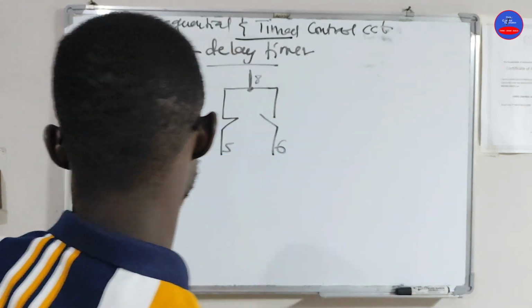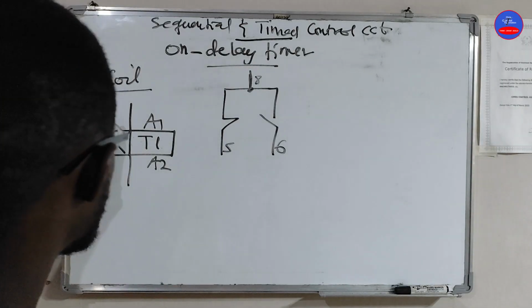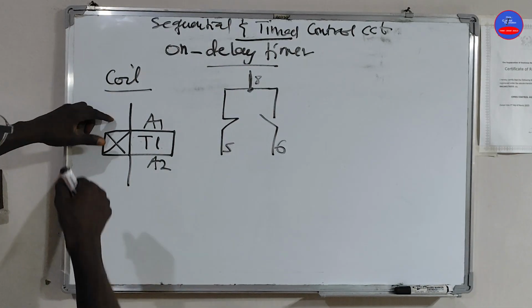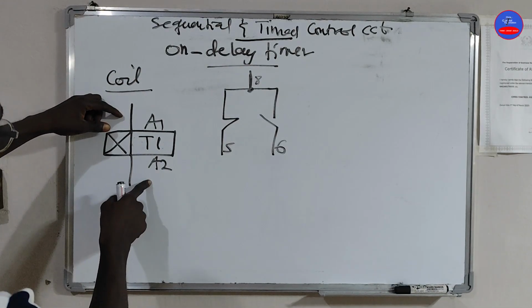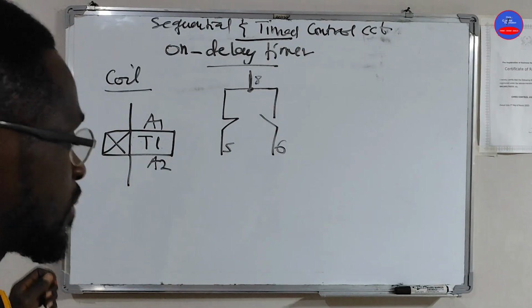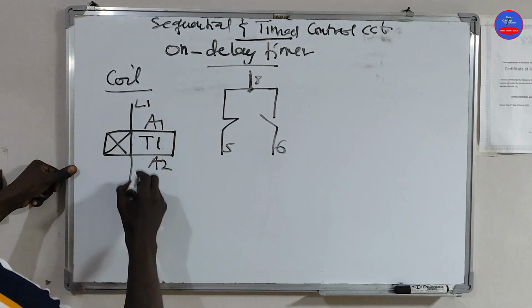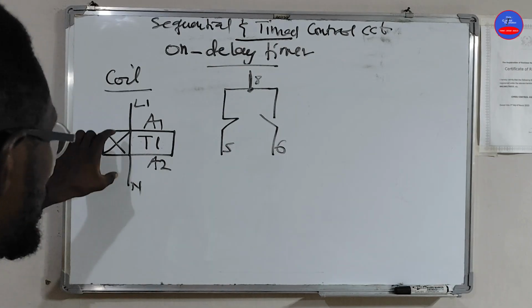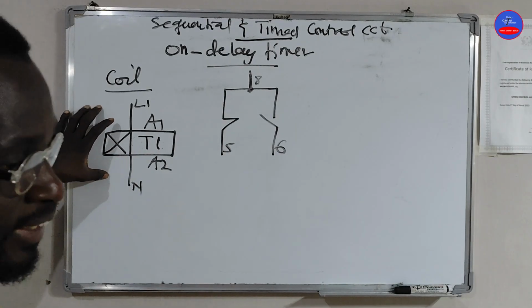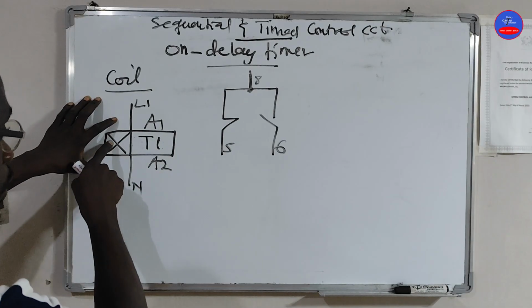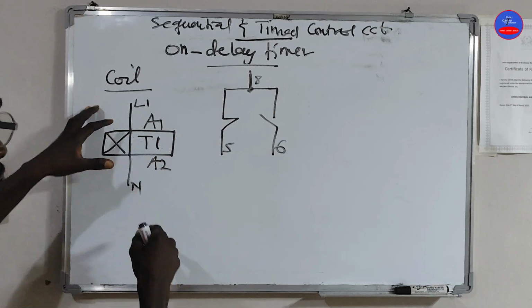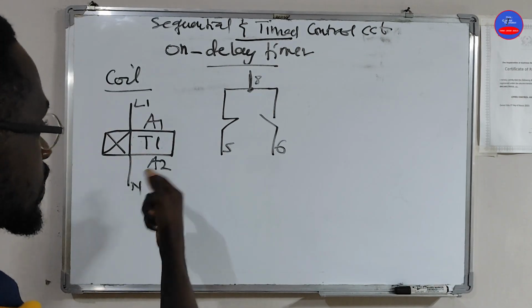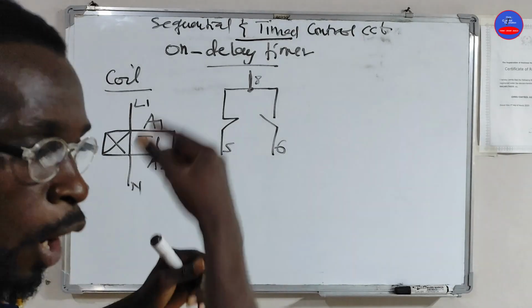Let's assume it's an AC timer, so we have line 1 and then neutral. The moment we apply power to A1 and A2, the coil of this on-delay timer will energize, and the moment it energizes, it will start counting.